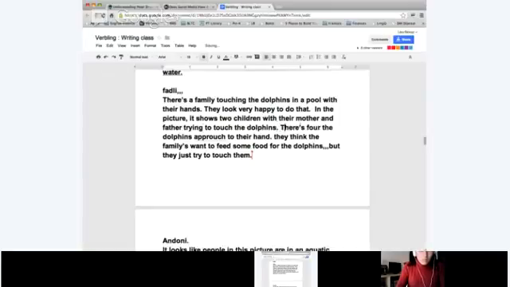There are 4 dolphins approaching their hands. They think the family wants to feed some food to the dolphins, but they just try to touch them. Okay, good.